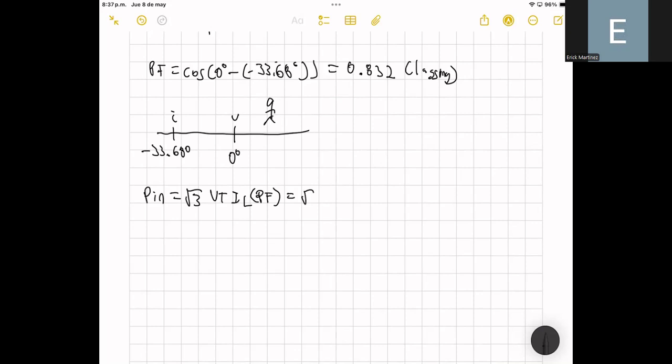We have the square root of 3 multiplied by the line voltage, that is 460 volts, times the line current, that is 18.89 with an angle of minus 33.68 degrees, times the power factor, that is 0.832.